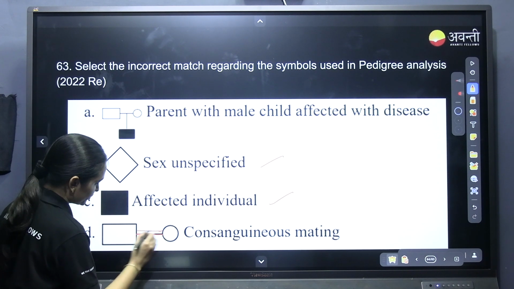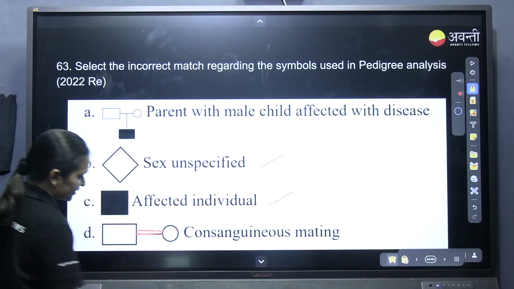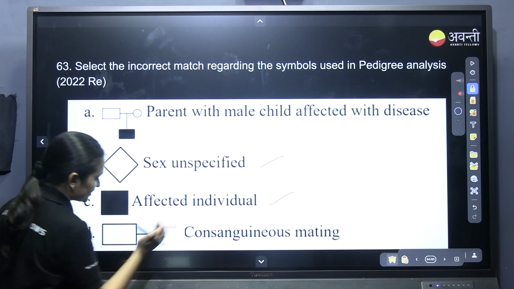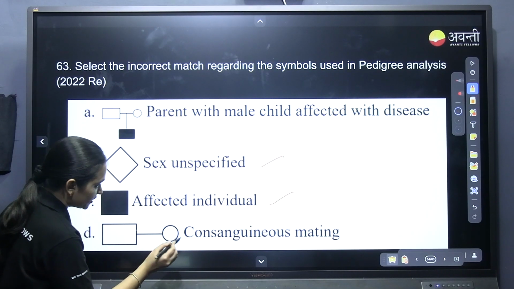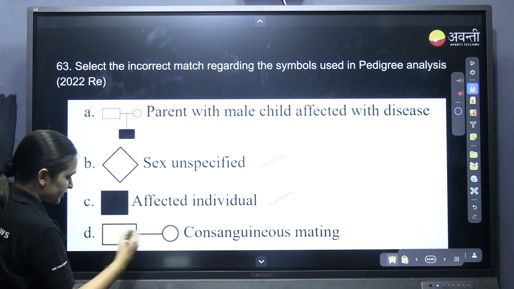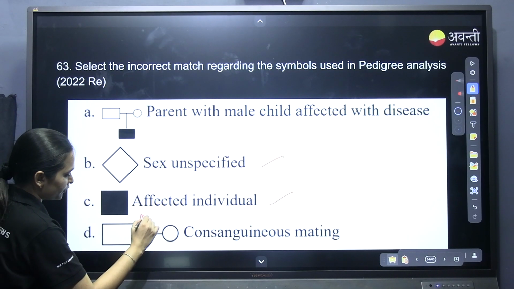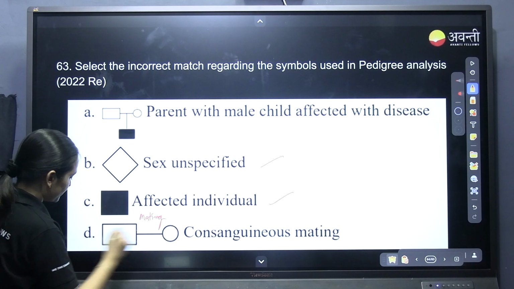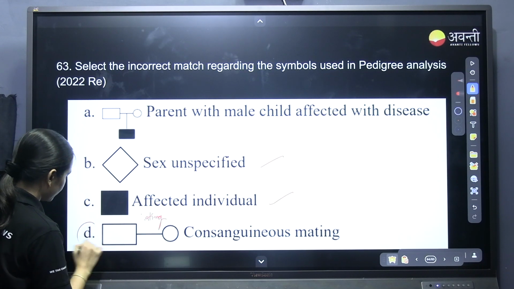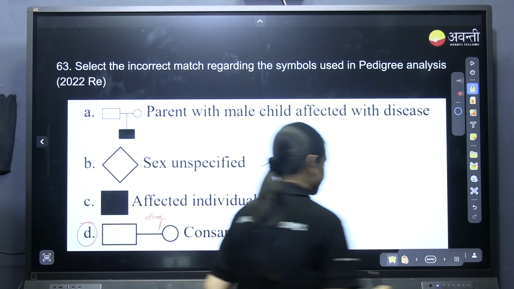This is mating between close relatives, called consanguineous mating. But here the symbol is just mating between two people. So D is the wrongly matched one. We can mark D as the correct answer.